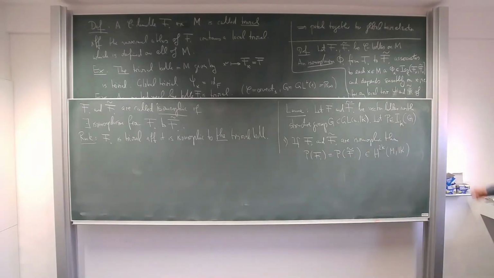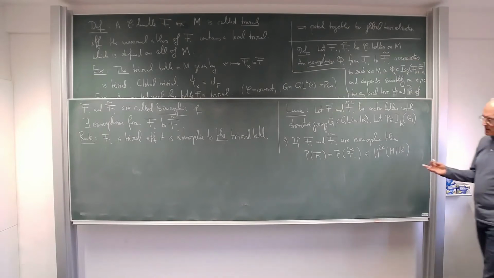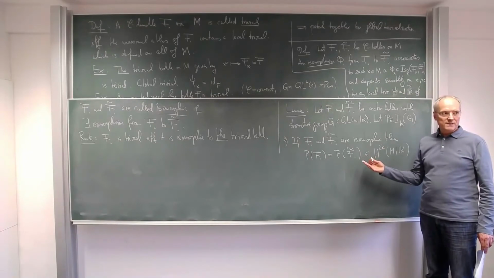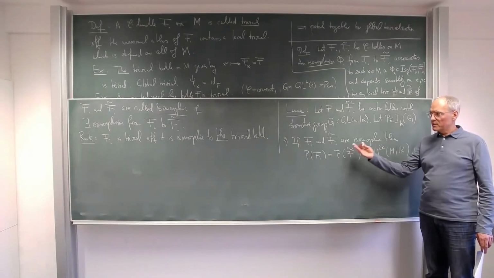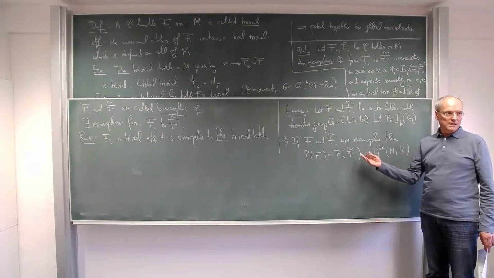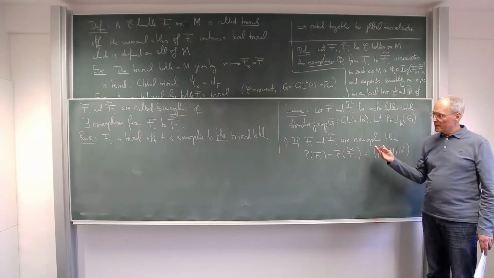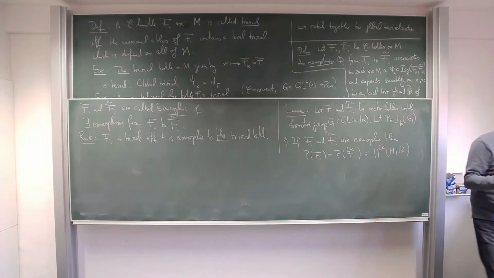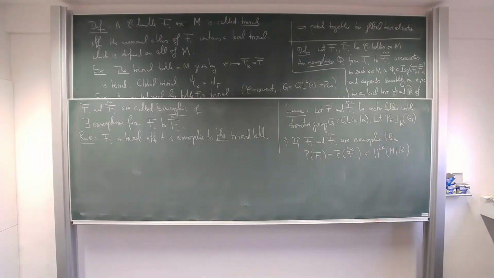And this is something which is very good, and that's one of the reasons why we are interested in characteristic classes, because it will allow us to distinguish bundles, to make sure that two bundles are not isomorphic. How can you do that? If you want to decide whether or not two given bundles are isomorphic, if they are isomorphic, you try to construct an isomorphism, and then you can show that they are isomorphic. But how can you show that they are not isomorphic?